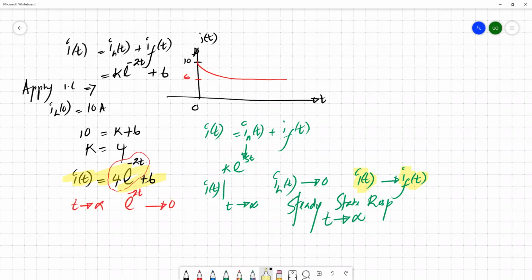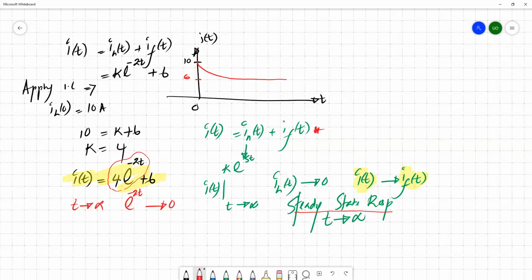So you don't need to evaluate the natural response, because from this expression, the steady state response means your total response has converged to the forced response. Then it's enough to find the forced response only.